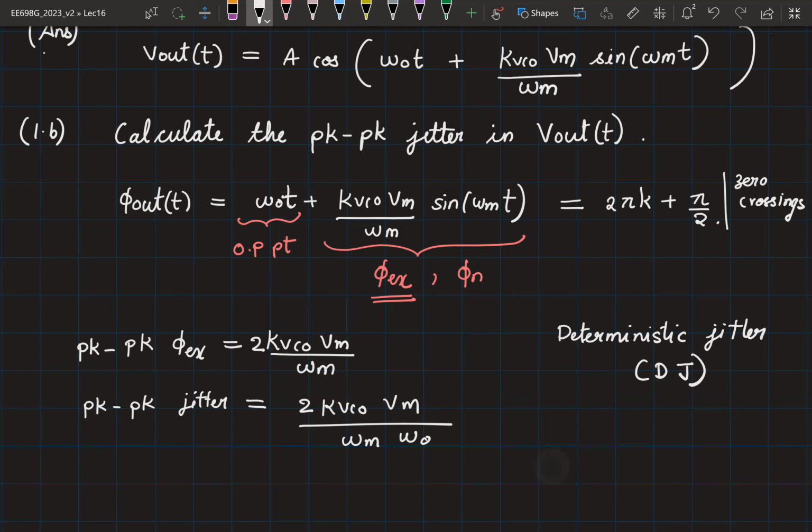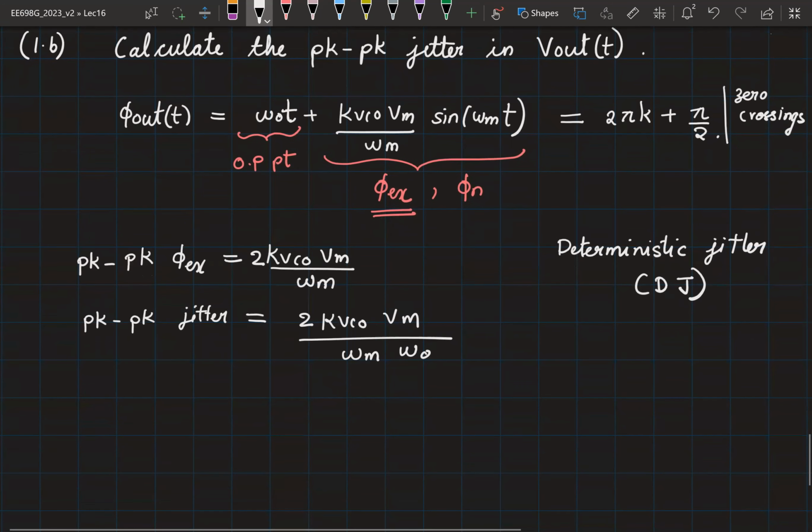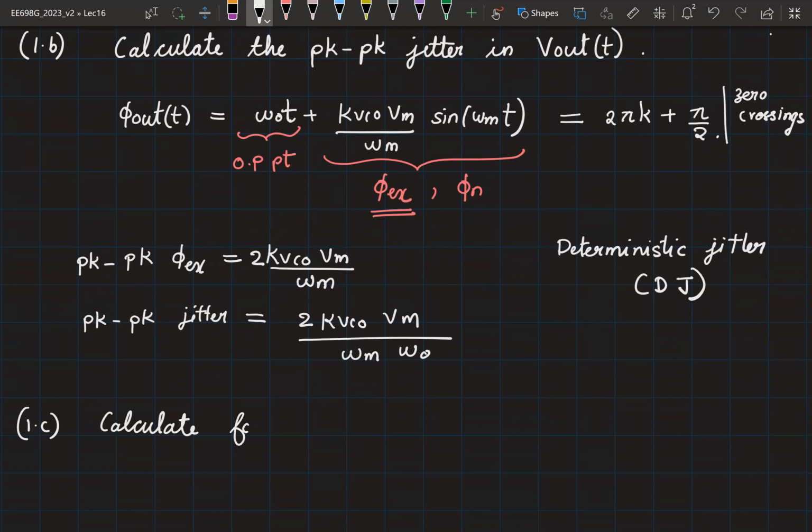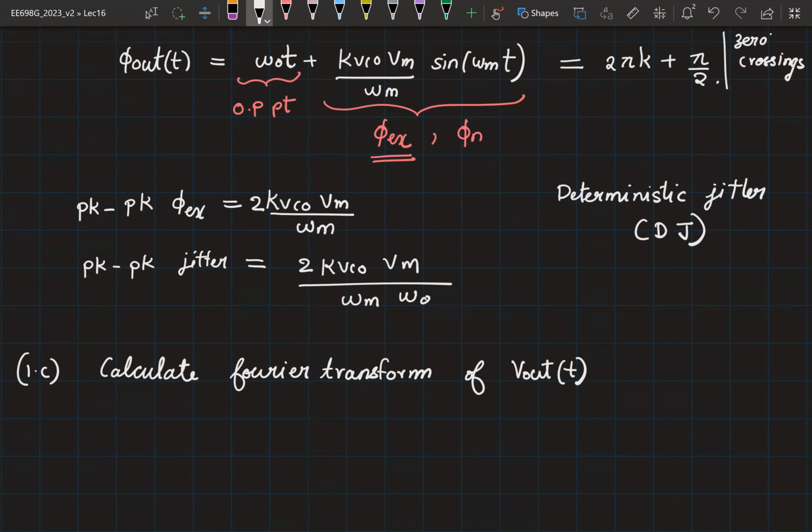Okay. So now last part of this question. Can you calculate the Fourier transform of V out of t? So calculate the magnitude of the Fourier transform. You can use the narrowband FM approximation, so KVCO Vm by omega m is much lesser than 1 radian.